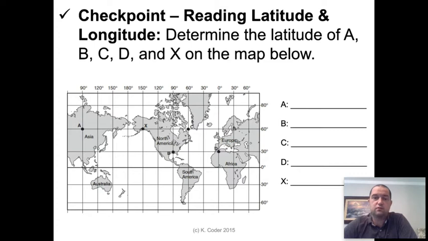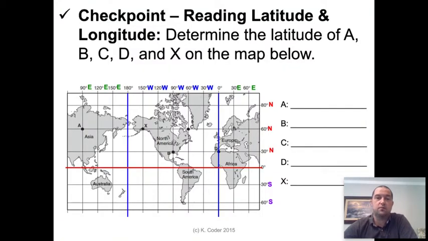Remember to put latitude first, longitude second. On the map, we provide you with the equator, the prime meridian, and the international date line, along with the directions that will help you identify which quadrant it is in, whether north, south, east, or west.